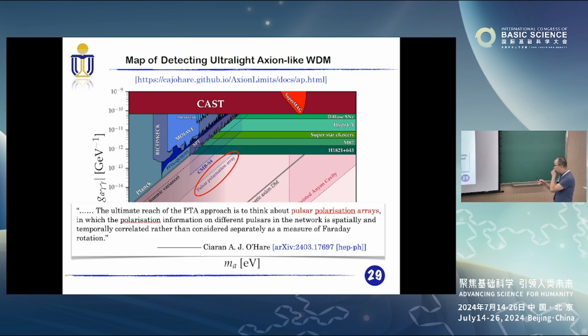As commented in a recent review on axion cosmology, the ultimate reach of the PTA approach is to think about pulsar polarization arrays, in which the polarization information on different pulsars in the network is spatially and temporally correlated rather than considered separately as a measure of Faraday rotation.